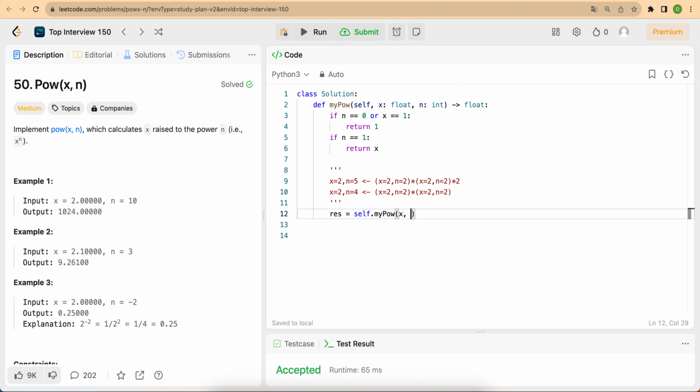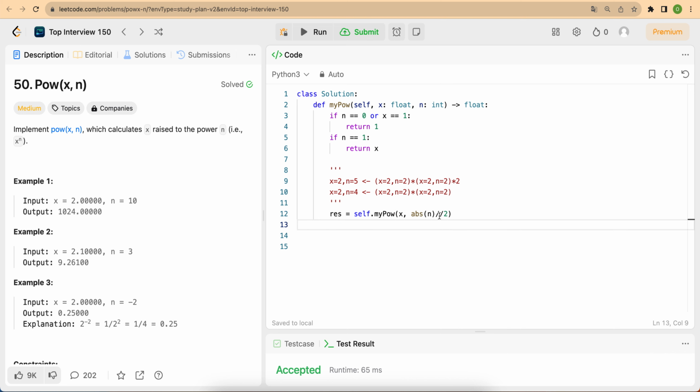Yes, and this x is just still x, right? It's still x, and n will be divided by 2, right? We'll get the integer of n. But just like I said, I want to treat n as a positive number, so here I will just get the positive n divided by 2, okay?